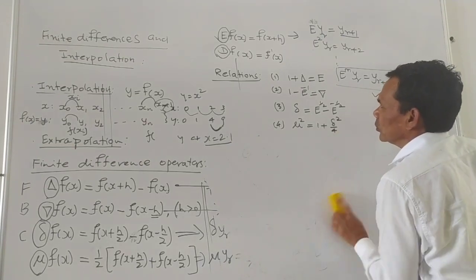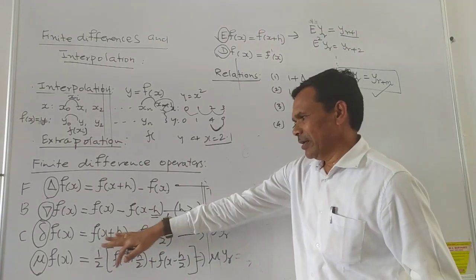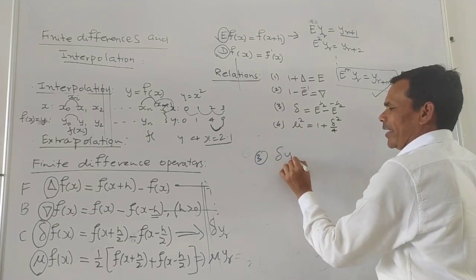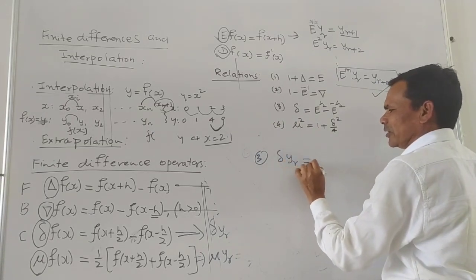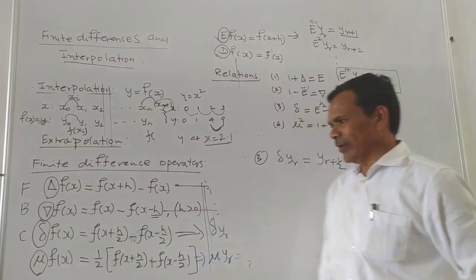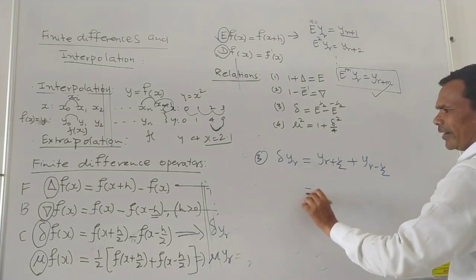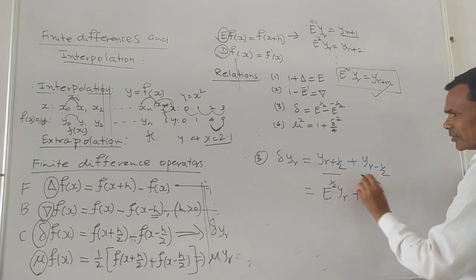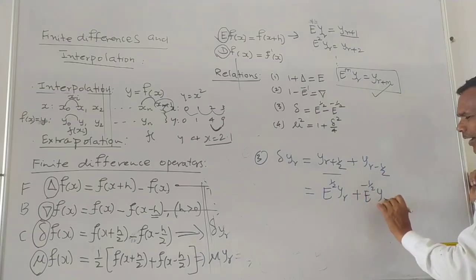Now the third one, suppose I would like to prove, then I define delta. Delta y r is equal to y r plus half, where half means the differencing interval is divided by 2, plus y r minus half. I'm sorry, this is a minus sign here. Now I can write this in terms of E raised to half y r, using this formula, minus E raised to minus half y r.